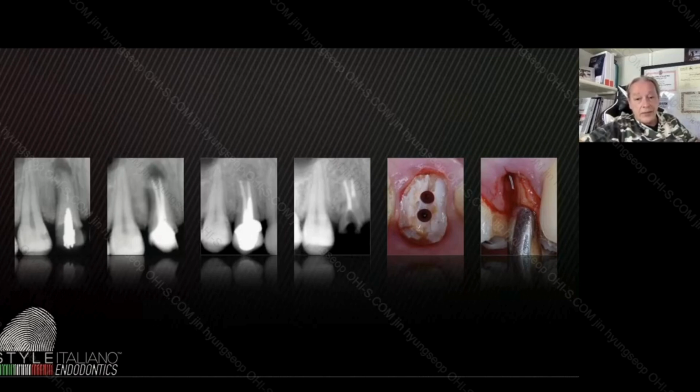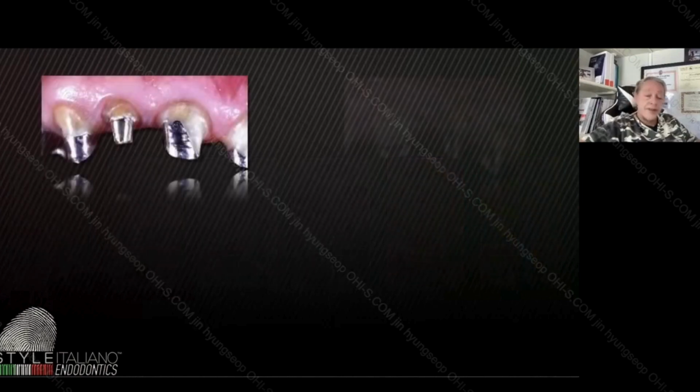If we fail to do this, the end will not be so good, like in this case where an endodontic lesion was perfectly healed, but eventually the tooth was extracted. Why was it extracted?